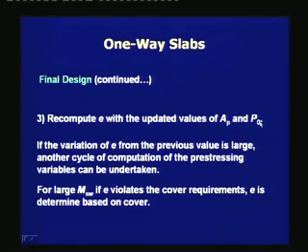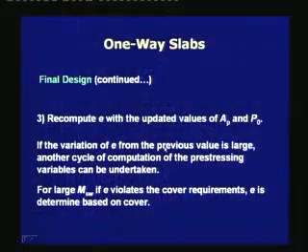Thus, you have to appreciate that the design is a sequential process: you compute some variables based on some estimated quantities, and then again you recompute the estimated variables, and like that you converge to a result which is suitable regarding the stresses and the layout of the prestressing tendons. If the variation of E from the previous value is large, another cycle of computation of the prestressing variables can be undertaken.